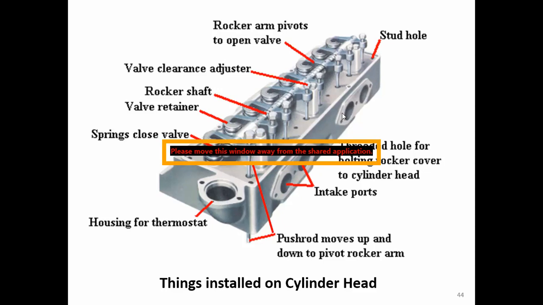You see the valve clearance adjuster is right here. You see the rocker arm here, that pivots to open the valve. You see the rocker shaft, that the rocker arm is attached to. You have a valve retainer or the valve tip here. You have the spring on the valve. This is used to close the valve here.